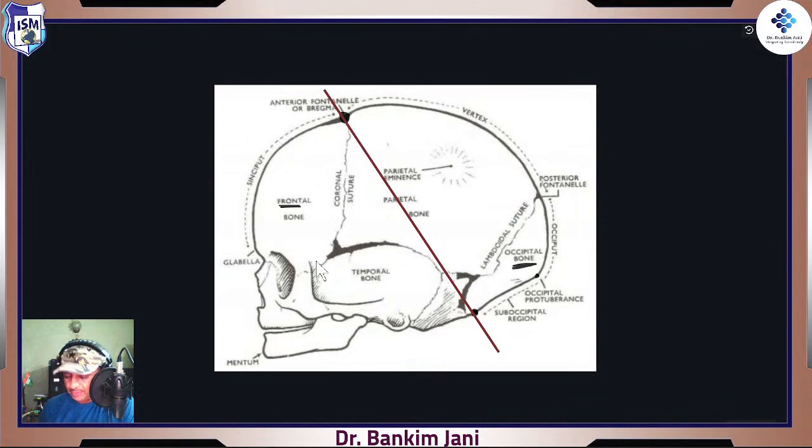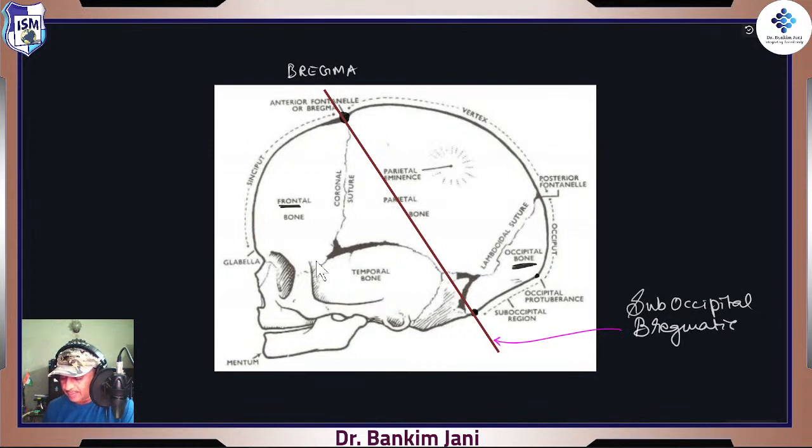This is called suboccipital, and that top one is called the bregma. So this is called the suboccipital bregmatic line, and this is the most ideal one.